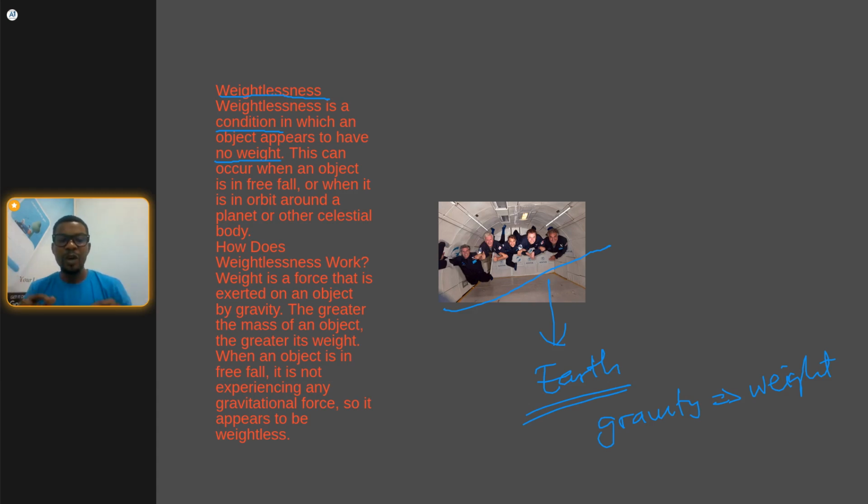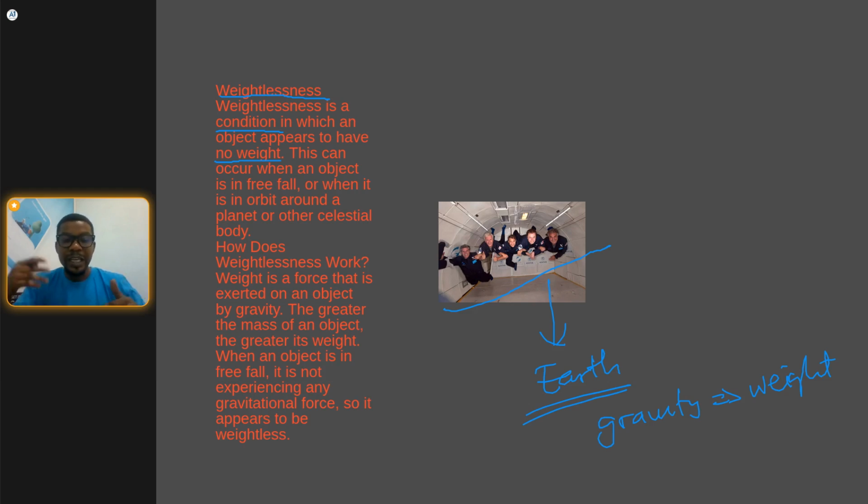Are you getting it? You know, I said from the beginning of the class, in the introductory part, let's imagine if gravity was not existing, all of us on the surface of the earth will be floating. Every object, gadget will be floating. But because we are living on the surface of the earth, and the earth has gravitational force, all of us are subject to that force, and that is why we can't float.